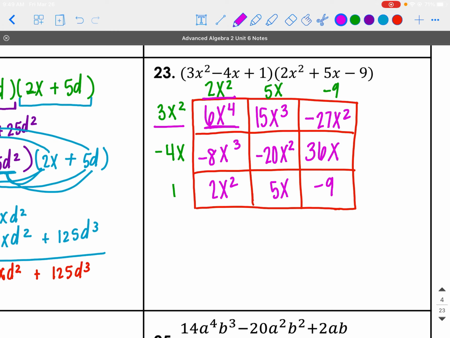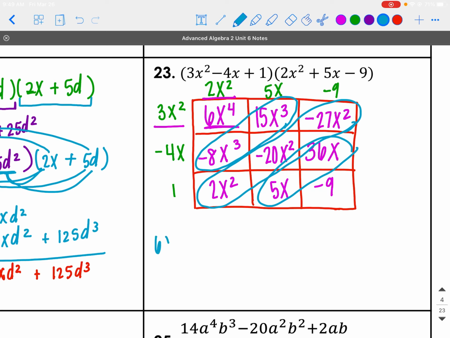Then from here, when I write out my answer, a lot of times, not every time, your like terms will be there in kind of diagonals. So I only have 6x to the 4th. But then I have x cubeds that I need to combine. That would be plus 7x cubed.